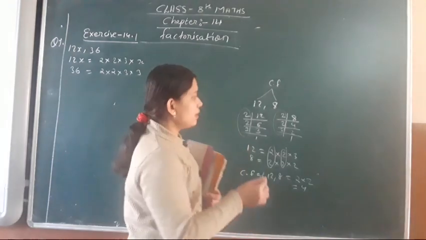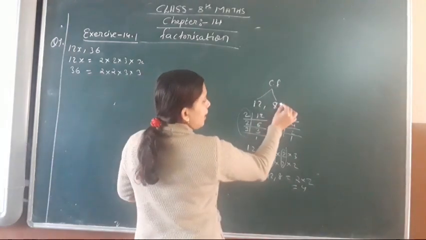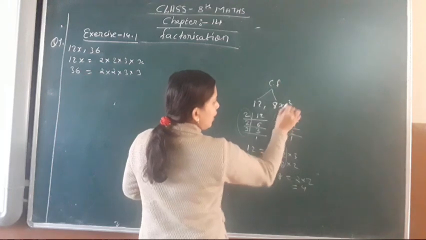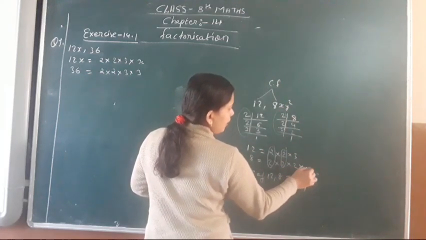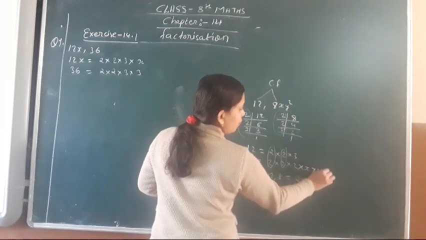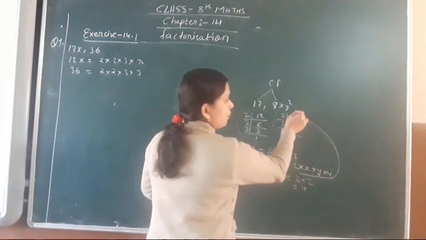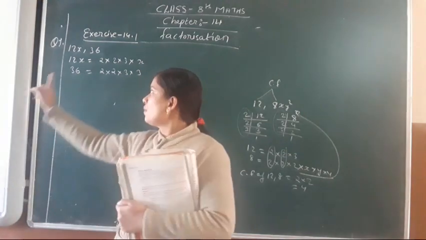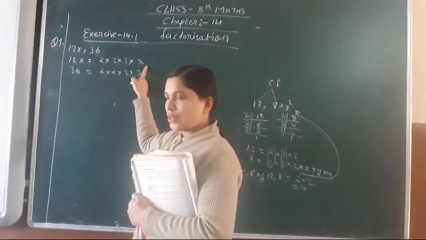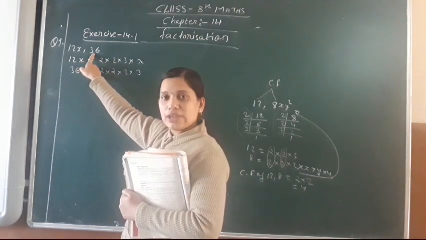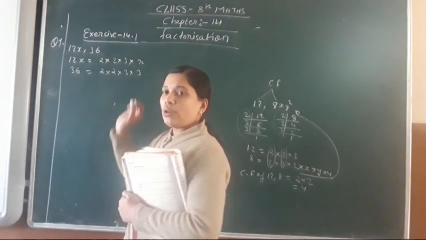If any term has variables like x y square, the factors of it will be x into y into y. In the same way, as 12x is there, x will be written at the end as a factor of it. 36 does not have any variables, so only the numbers remain.